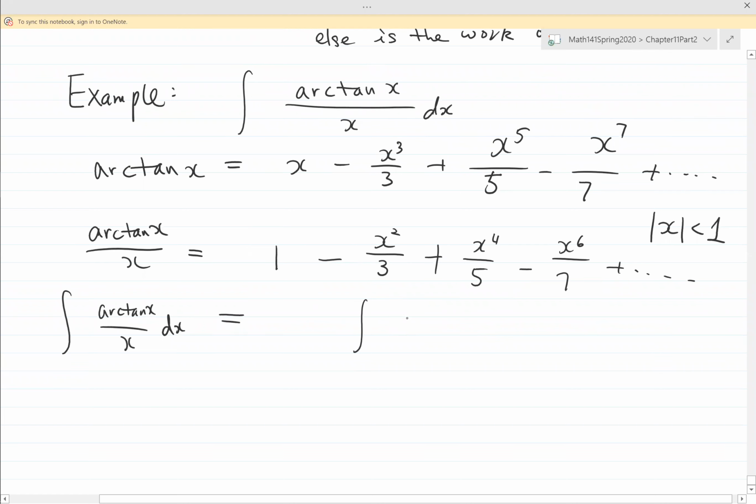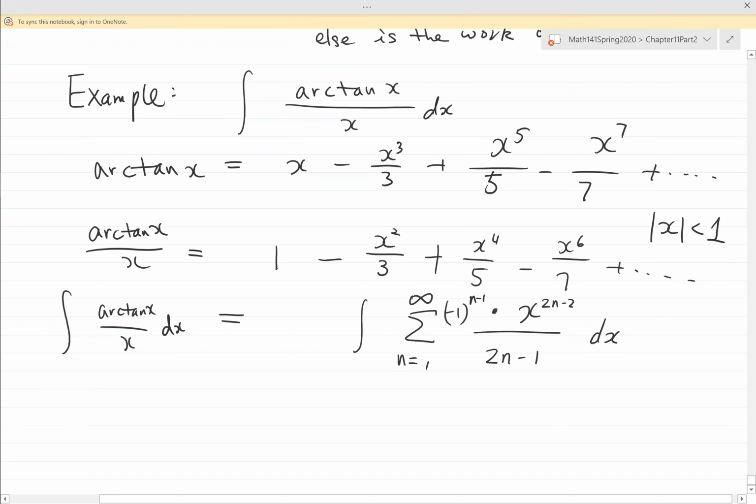The denominators are odd numbers, so let's use 2n minus 1, n from 1 to infinity. The numerator is now decreased by 1. Don't forget the alternating factor, negative 1 to the n minus 1.